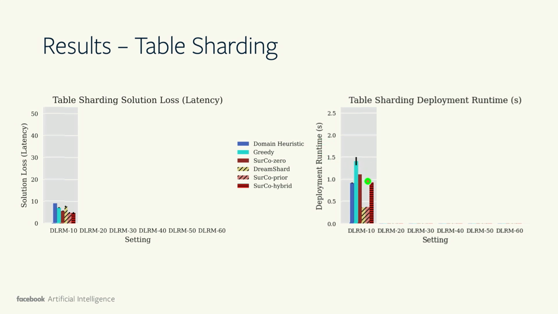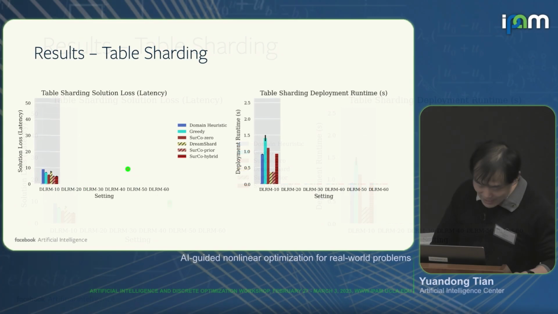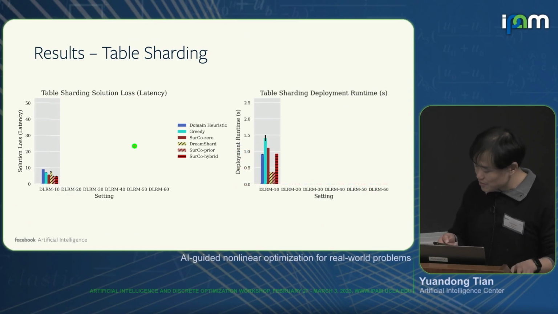The SurCo prior is very fast, because you only need to solve the optimization problem in one shot with the predicted c, and at the same time the loss is not that bad. It's still reasonably good. So that's the interesting trade-off.